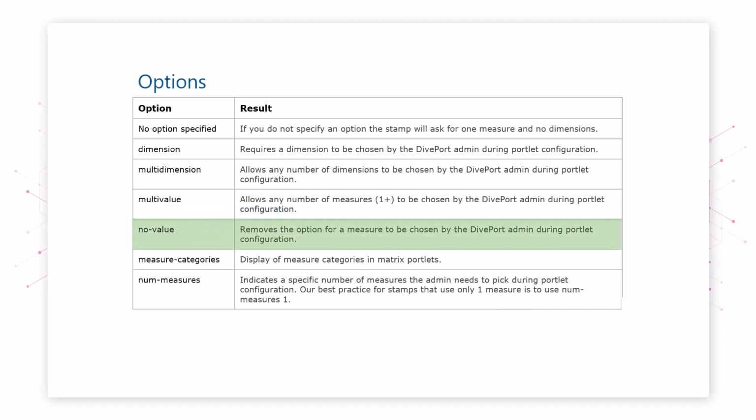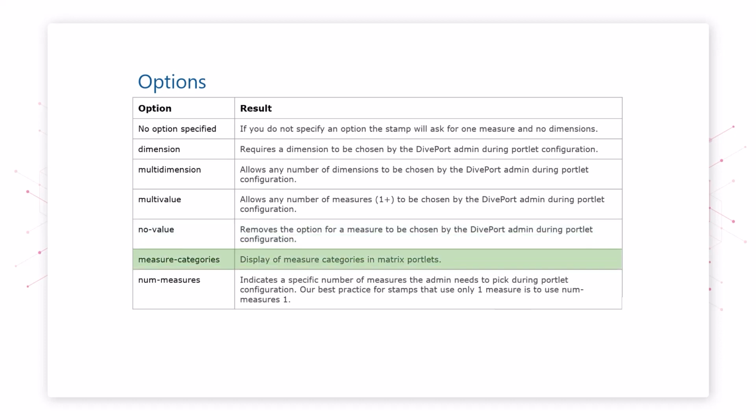Use the No Value flag when you don't want to add any measure or dimension. This flag is mainly used to expose factory macro information, such as when the factory was last refreshed, or the 12-month summary, or a year-to-date summary.